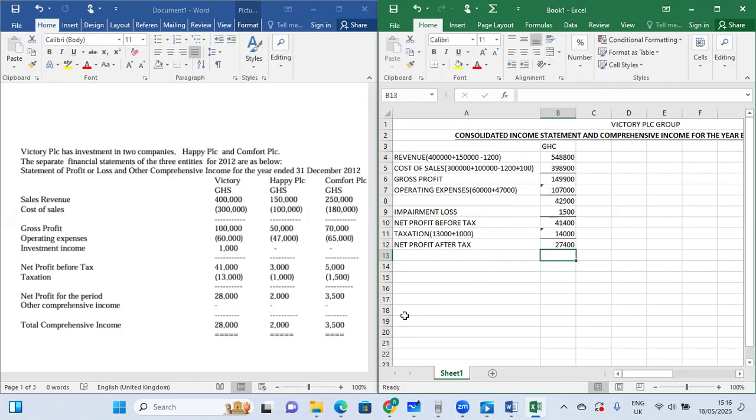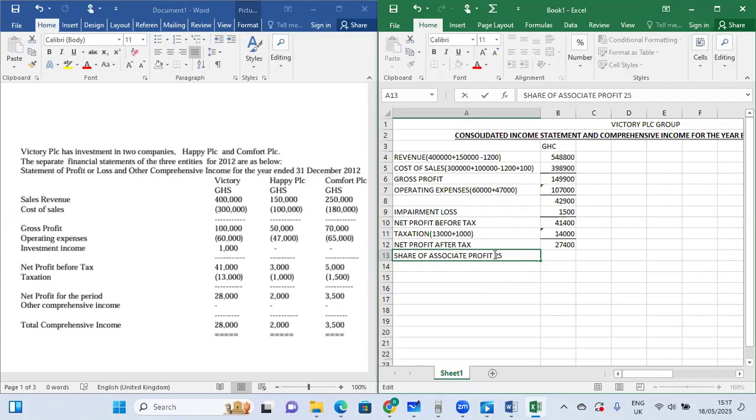Now we bring in our share of associate profits, right? So the share of the associate profit is just going to be how much we have in the associate's profit. So remember that we only have 25% in there.